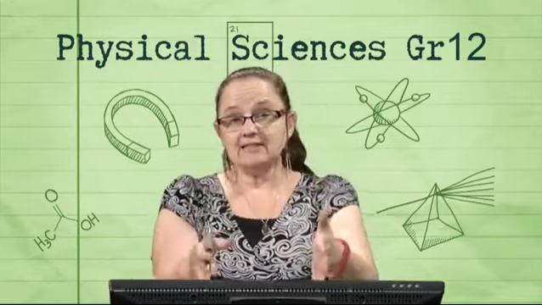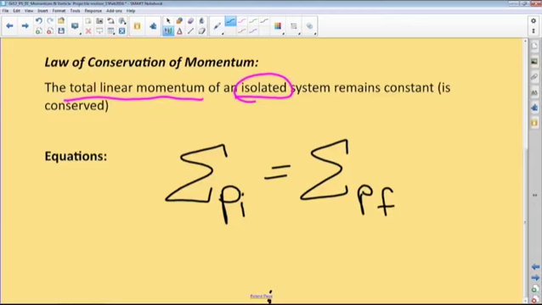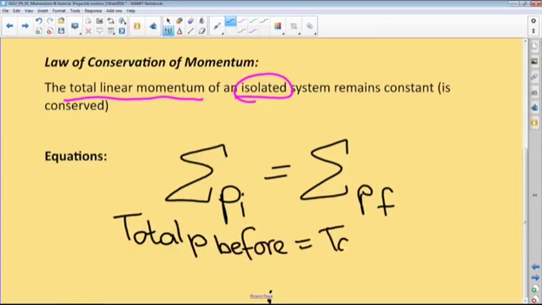So, sigma means total. This is very important. You can also write it as this, which is actually what I do with my learners sometimes as well. Total momentum before equals total momentum after.